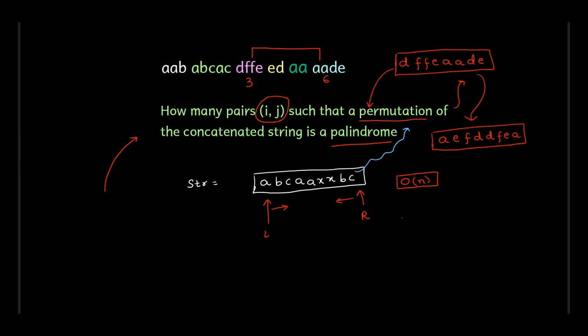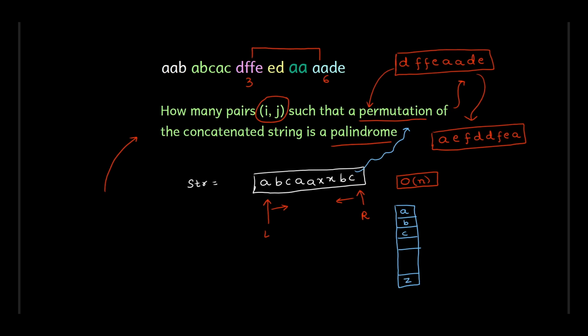So the logical next step is, we know that there are only 26 characters in the English alphabet, so we start with 26 blocks, one block for each character in the alphabet. So we have a, b, c, etc., and this is the last block.